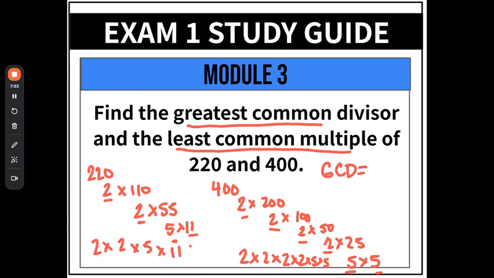Okay, so to find the greatest common divisor between these two sets of repeated multiplication here, we're going to take what is common out of these two. So what we've got is the 2, and the 5. The 2, and the 5. Okay, so the greatest common divisor is going to be 2 times 2 times 5, which gives us 20.